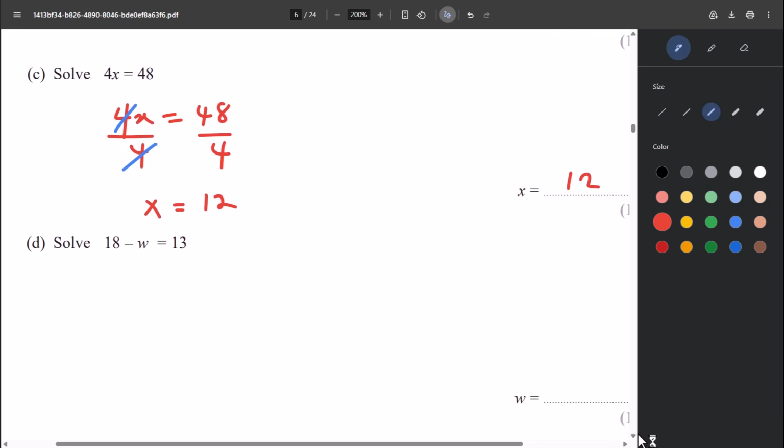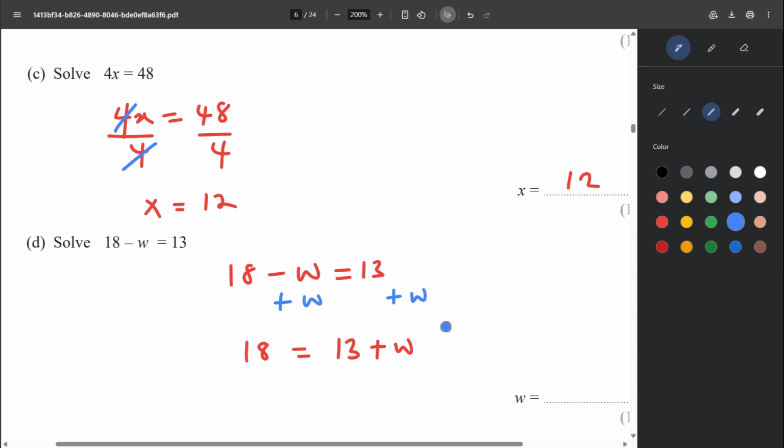And now we go to question D. And we got, again, a linear equation, and we want to work out what the value of w will be. Now, if I write out the question again, which is 8 minus w equals 13, I'm going to add w on both sides, and that will simplify my answer as 18 equals 13 plus w.